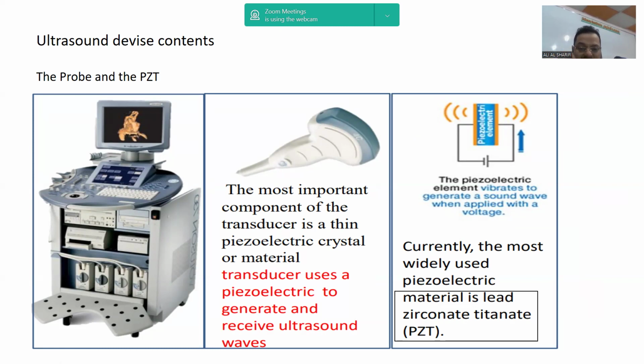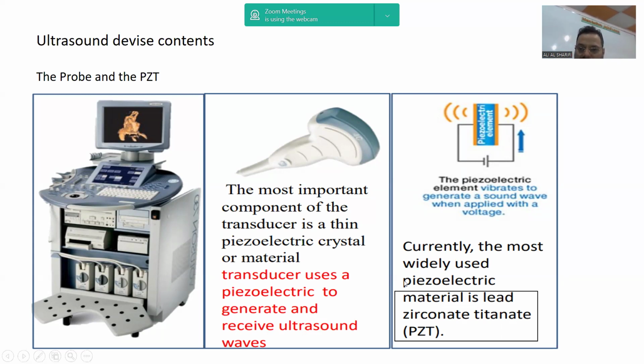This probe uses a piezoelectric to generate, it's important, and receive ultrasound waves. That means this machine contains the computer, screen, probe, and the last thing, the piezoelectric PZT, is the most important thing. It's inside the probe. It generates the ultrasound and receives the ultrasound waves from the specific part of your body that you want to test.